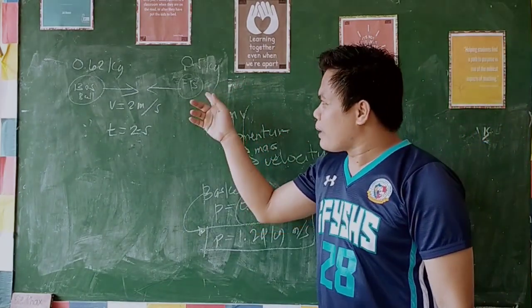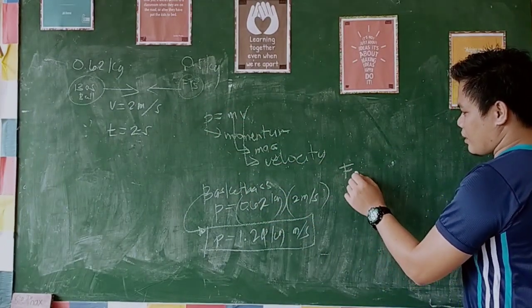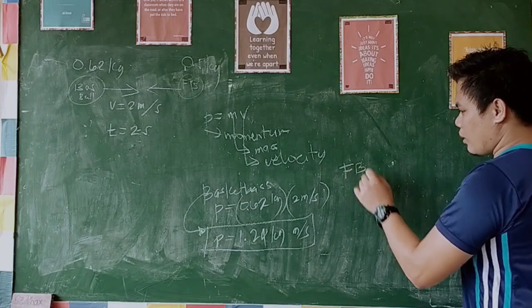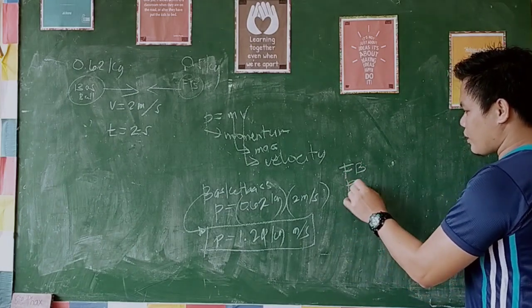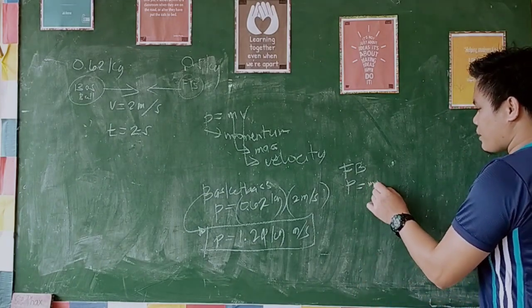However, what is the momentum of the football? So let's calculate the momentum of the football. P is equal to mass times the velocity.